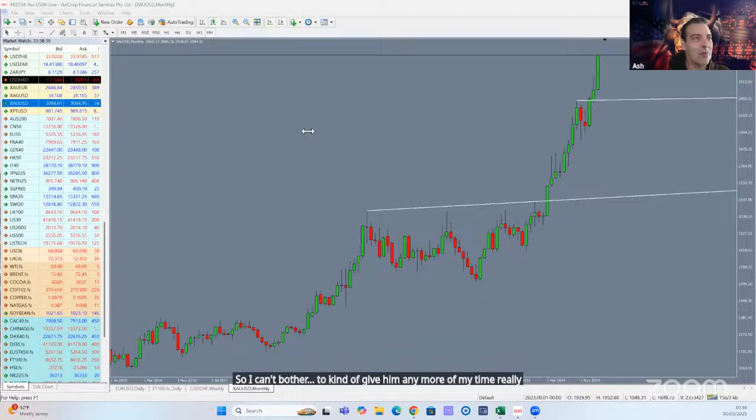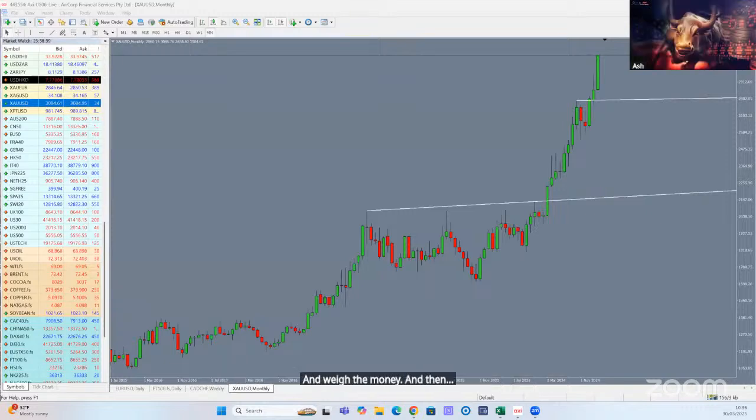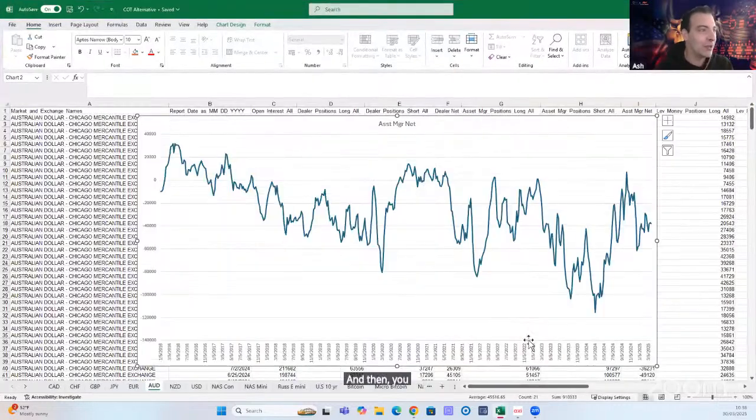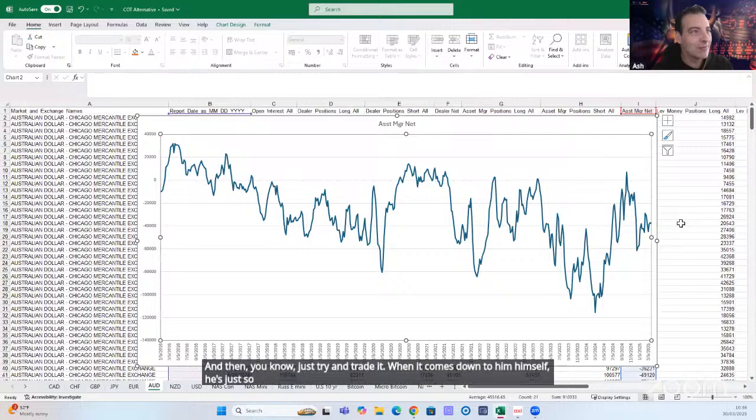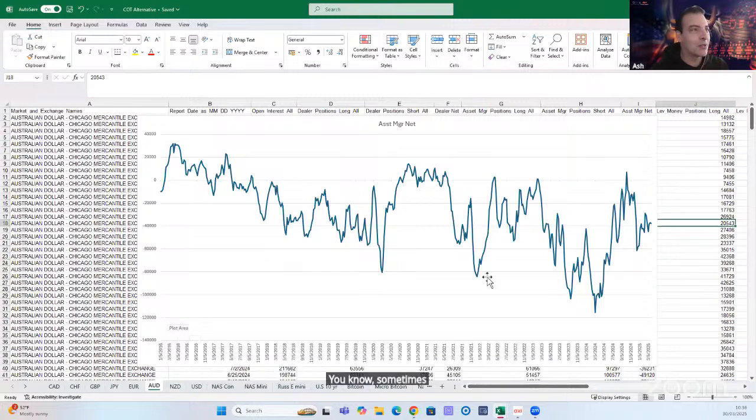I'm just looking at what he's going to do with the market and where the money is, and then just trying to trade it. But when it comes down to him himself, he's so difficult to work out. Sometimes he seems really dumb, sometimes he seems really clever. Or he's going to get what he wants, I suppose I should say.